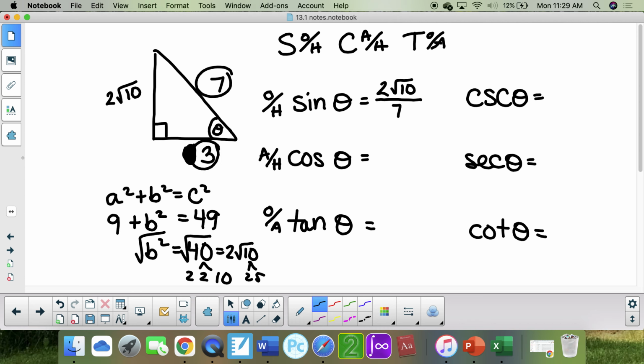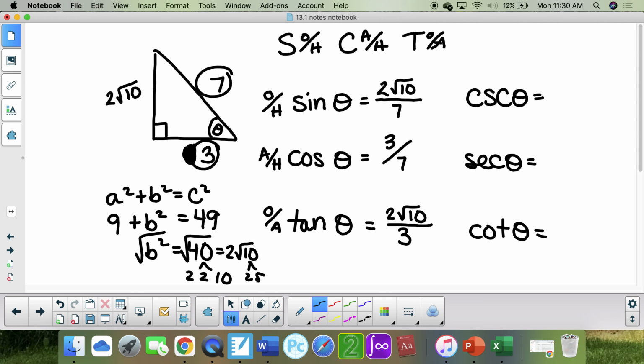Cosine is adjacent over hypotenuse. And tangent is 2 root 10 opposite over adjacent, which is 3. Okay, so far so good. Look to see if any one of them has a radical in the denominator, which they don't, so we're good.